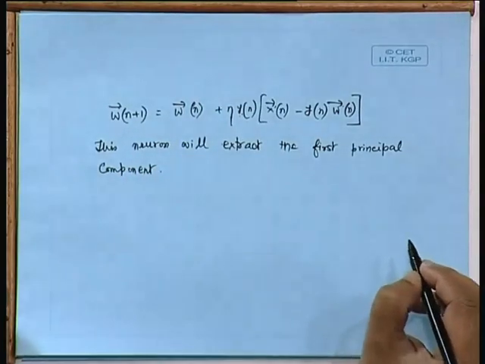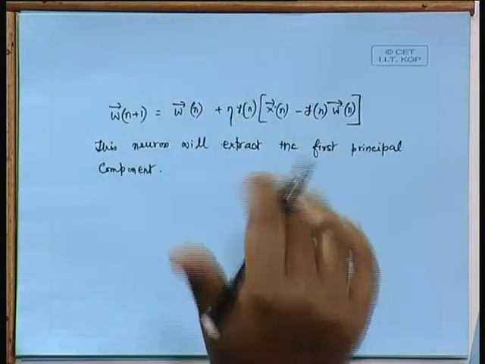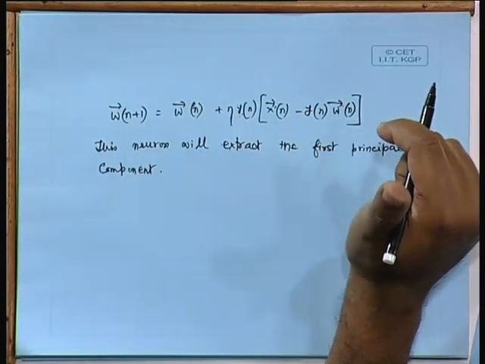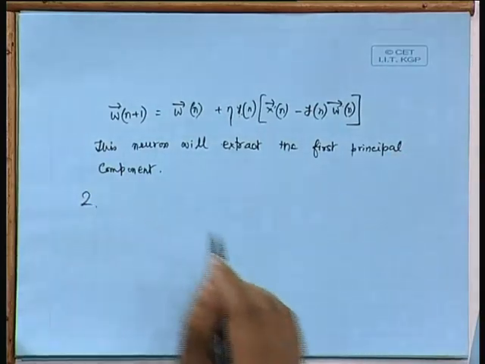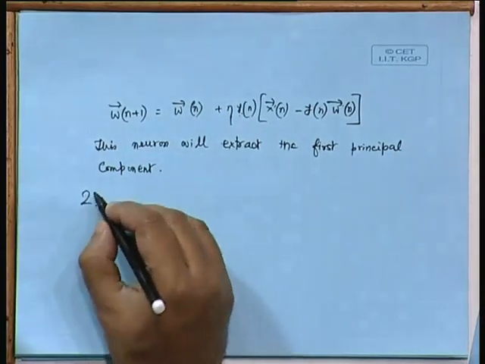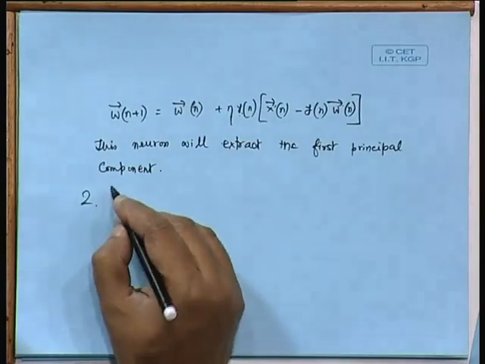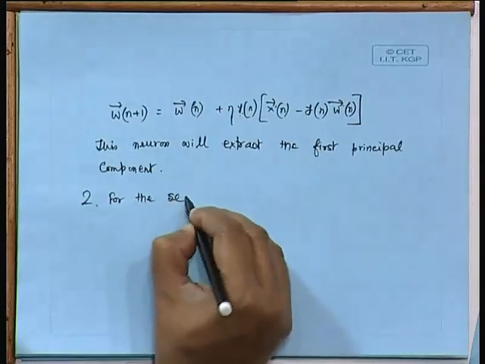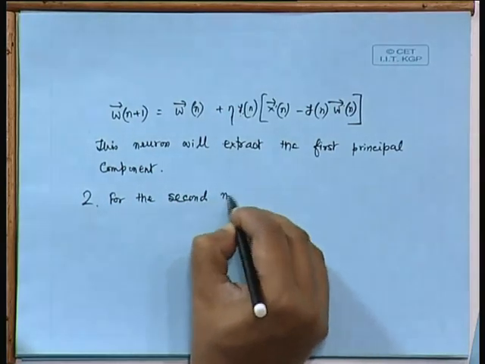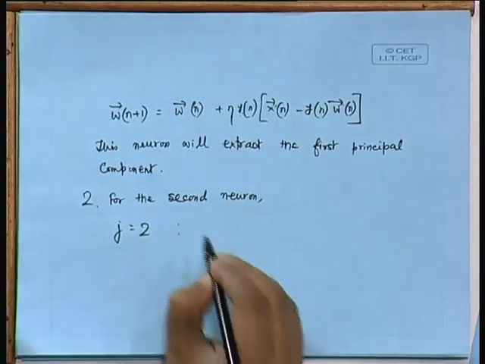Okay. So, if that is the case, then assuming that the first neuron has already extracted the first principal component, for the second neuron we can see what it extracts. For the second neuron, obviously, we have to take j is equal to 2.